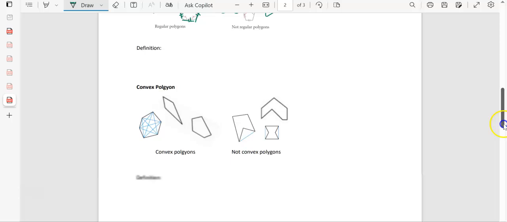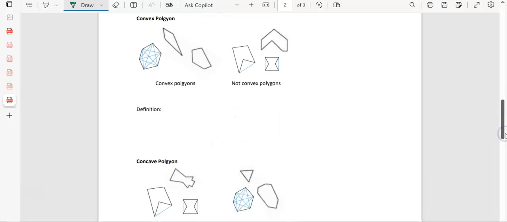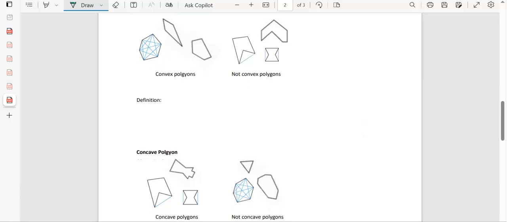Our last two, you might not know as much. Our first one is convex and our second one is concave. I want to look at these both at the same time because the examples for one and the non-examples for one are reversed when we're looking at the second one.